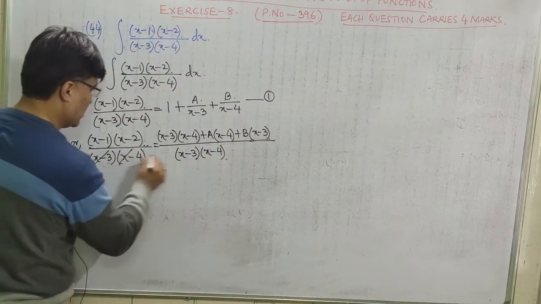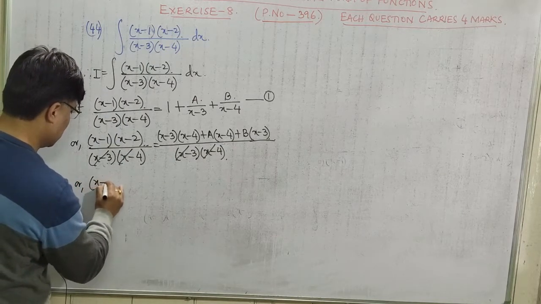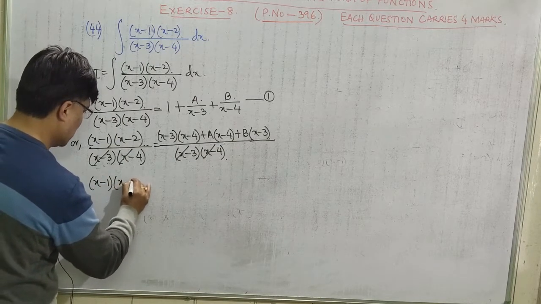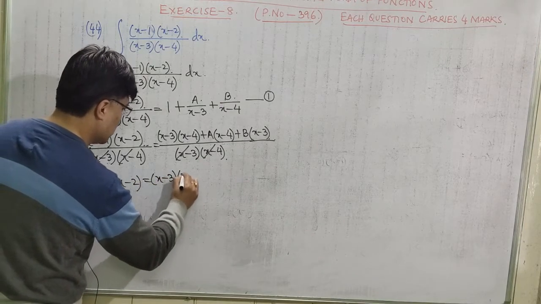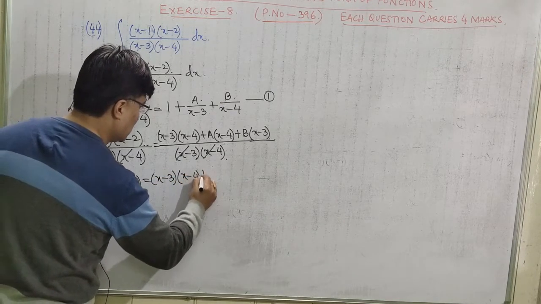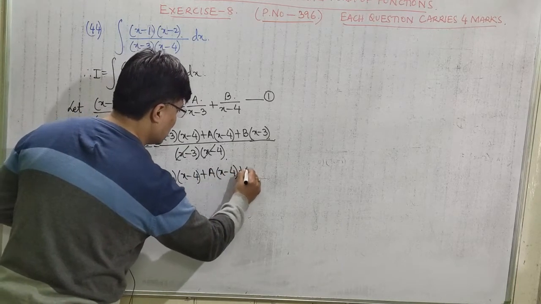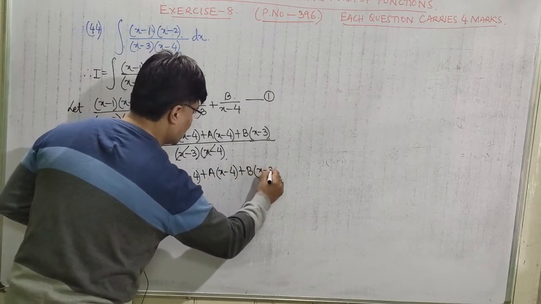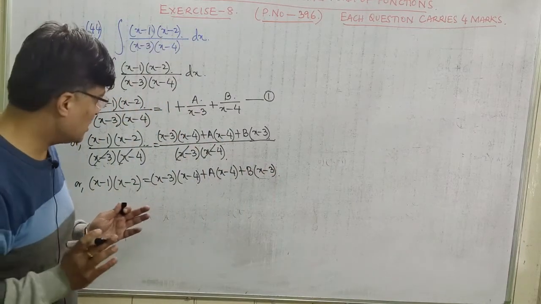So here (x minus 3) and (x minus 4) will be cancelled, or this is (x minus 1)(x minus 2) is equal to (x minus 3)(x minus 4) plus a(x minus 4) plus b(x minus 3). So I hope you have understood it.